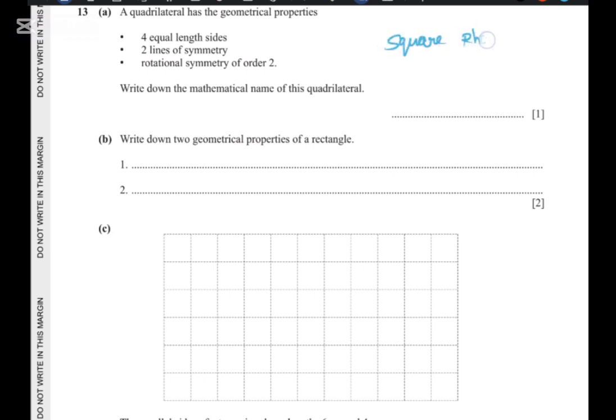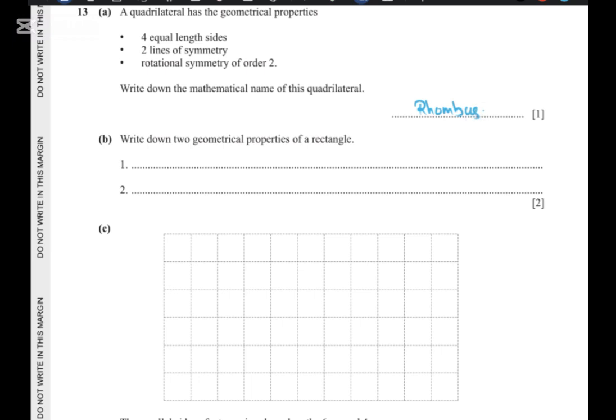But next property is 2 lines of symmetry. So square has 4 lines of symmetry, so it cannot be square. And rotational symmetry of order 2 also is not applied for square, because it has rotational symmetry of order 4. So the option is rhombus. Answer is rhombus. Correct option.